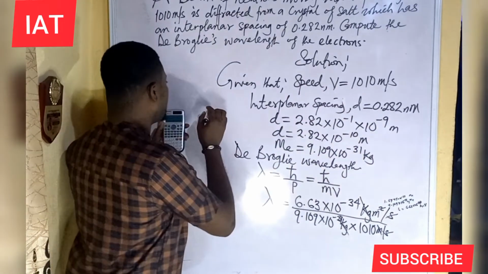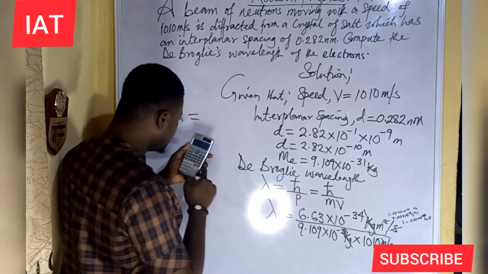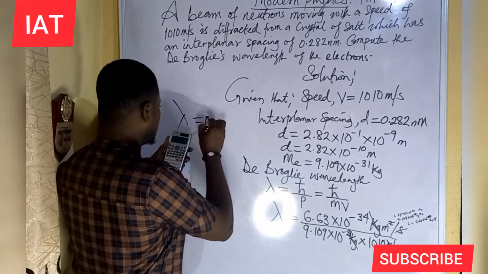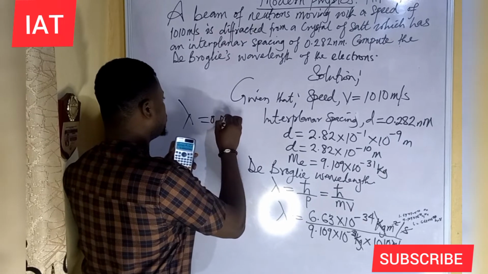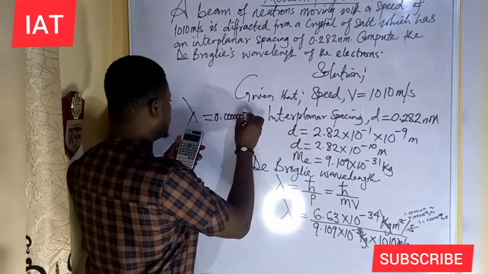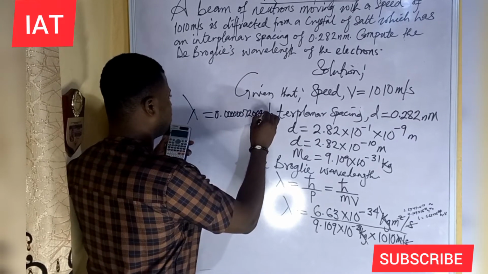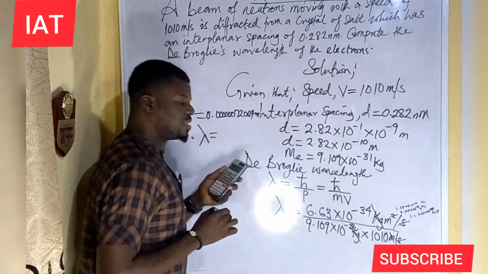So the answer for this wavelength, which is lambda, will be equal to 0 point about 6 zeros, 1 2 3 4 5 6, and then we have 72064, in meters.